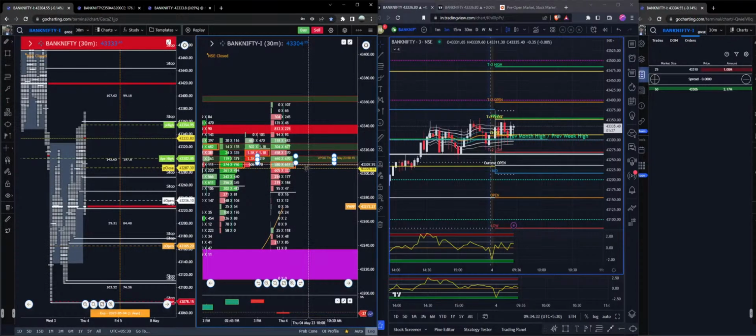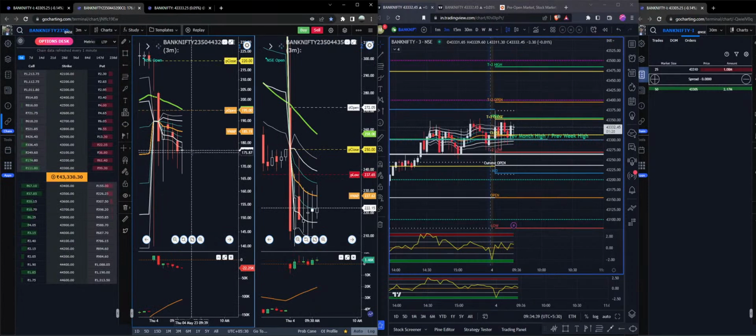Okay, so we have got trapped buyers above. So I'll be keeping my stop loss very tight for this. 305.